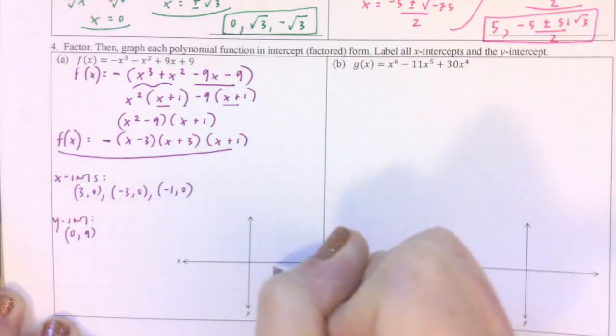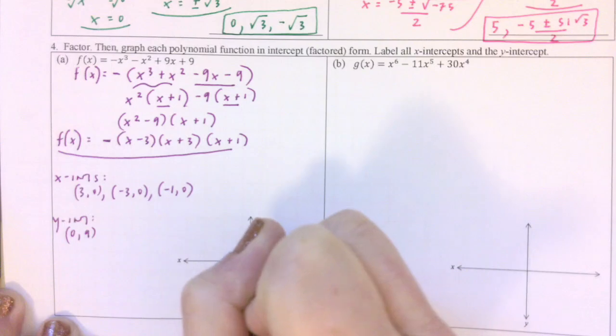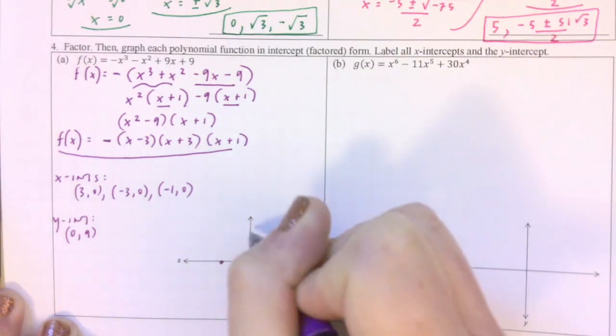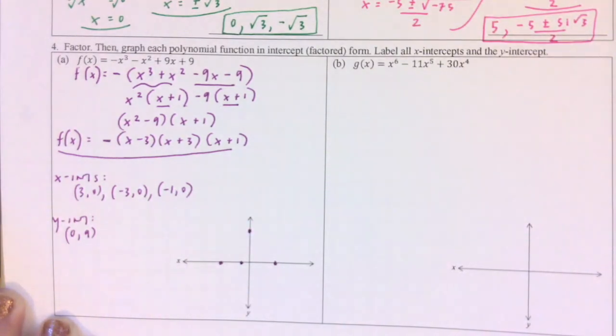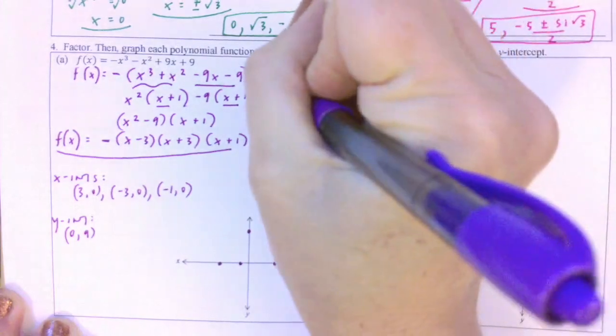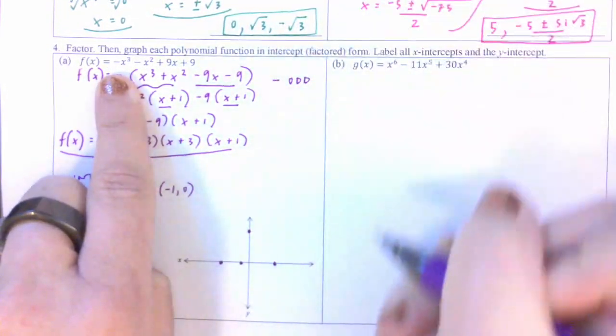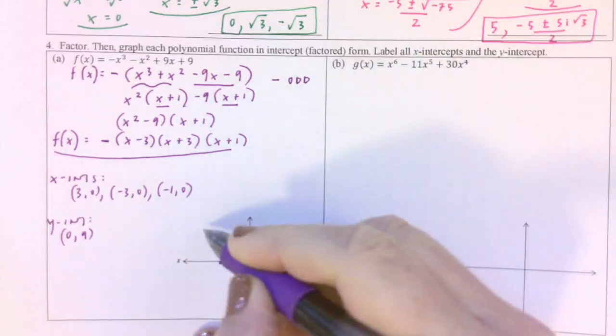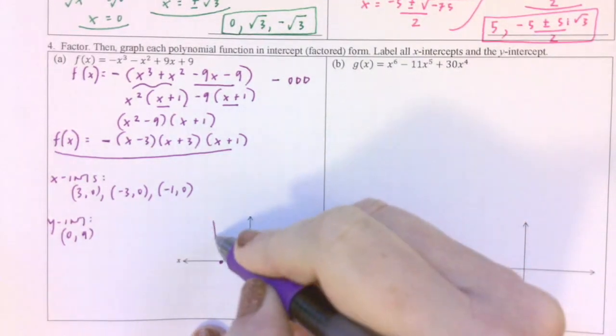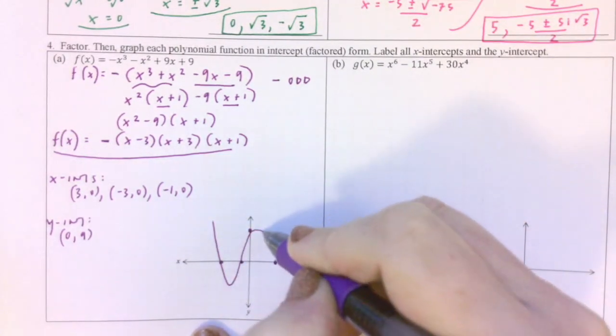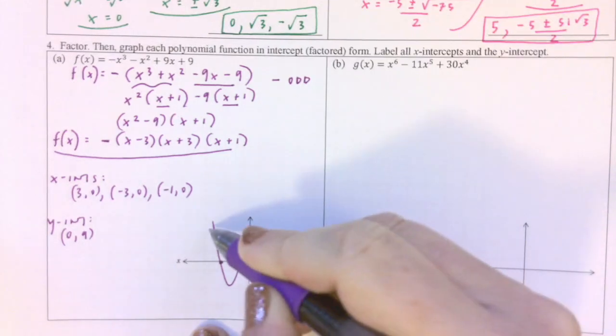So if I plot those points, I have my 3, 0, negative 3, 0, negative 1, 0, 9, right about there. I also see that it's negative and odd. Okay, so I'm going to start high and end low. Okay, ends up looking just like this.